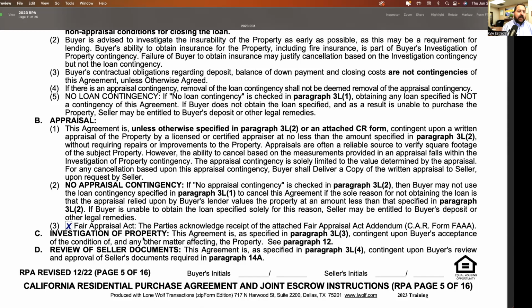Maybe that's why we look at the appraisal contingency in a more reasonable light that says, hey, look, here's the deal. If we write an offer over asking price, instead of not having an appraisal contingency, let's change the amount that the property is required to appraise for, and not have a contingency in place, right?